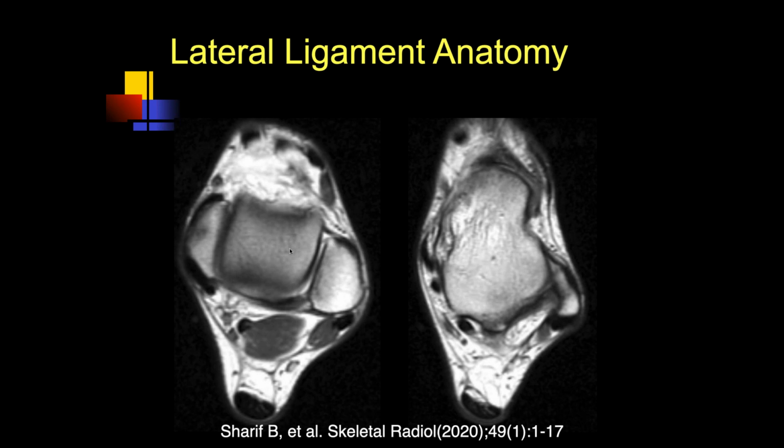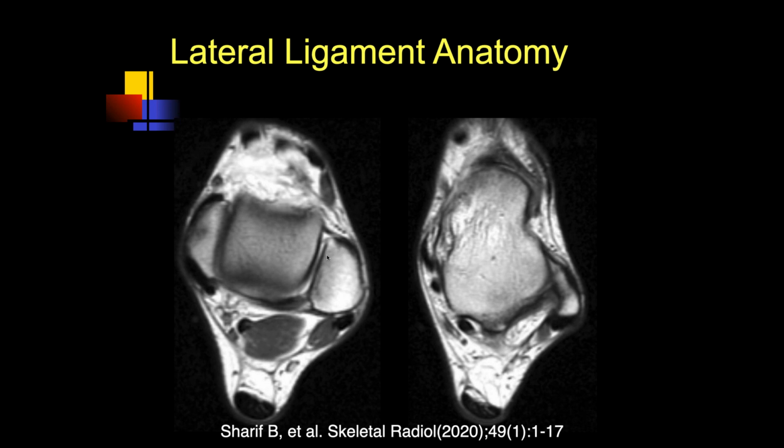When we get up close to the dome of the talus, the distal fibula is a D-shaped structure. Anteriorly, we have the anterior tibiofibular ligament, and the posterior tibiofibular ligament here. If you go up a little higher, you'll get the syndesmotic ligaments in here.